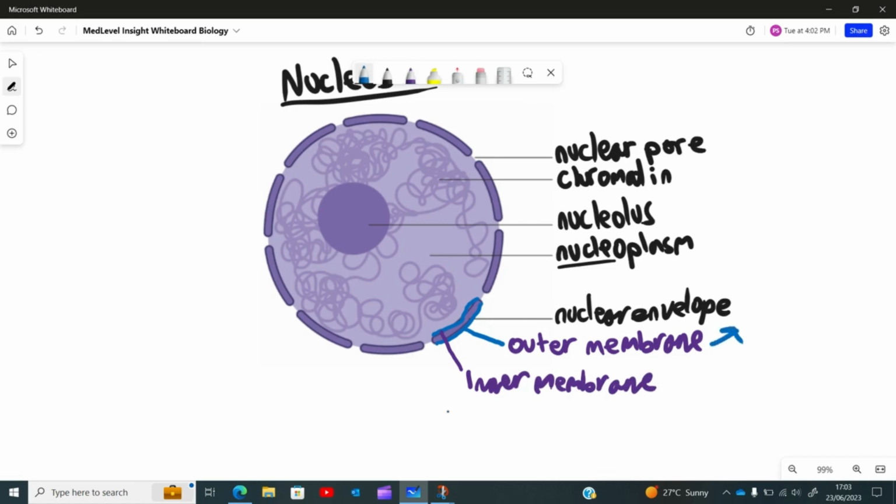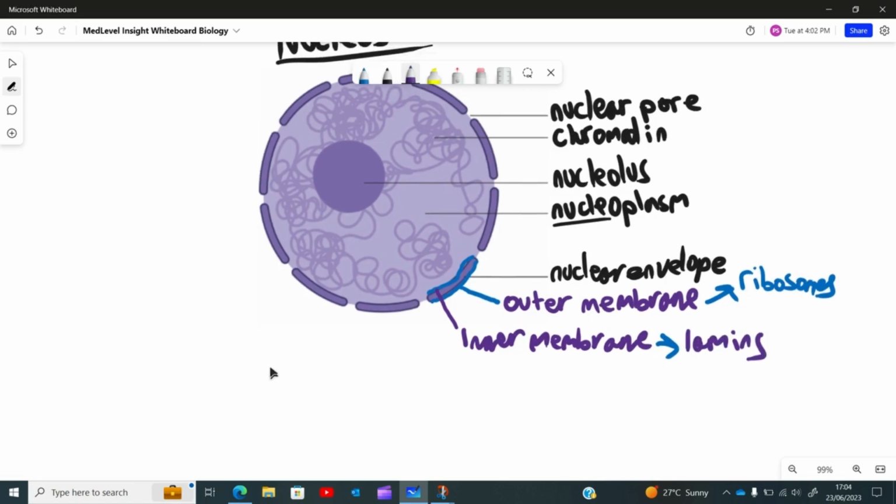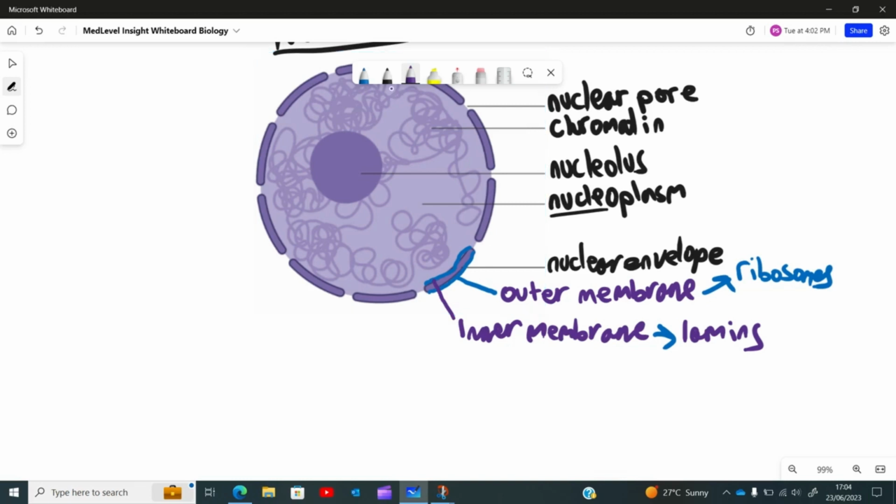this contains ribosomes. So these are just ribosomes that are found in the cell, just normal ribosomes. I won't get into detail about that because I'm just giving you guys a snippet as always. And the inner membrane, this is different. This contains lamins. Weird name, but contains lamins, and this is in the inner membrane.